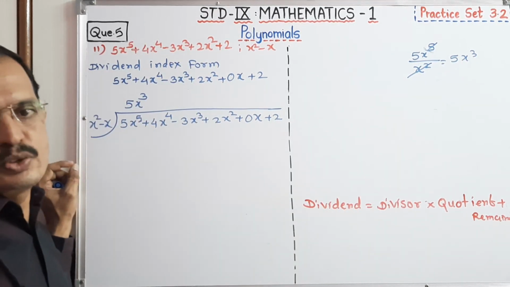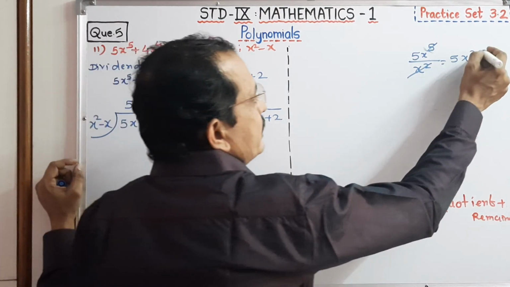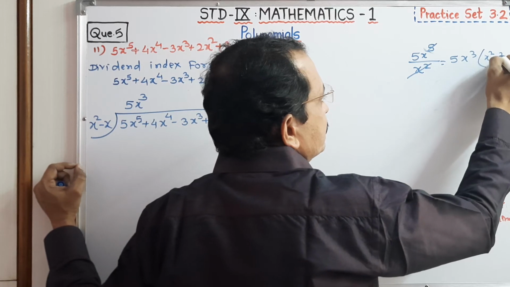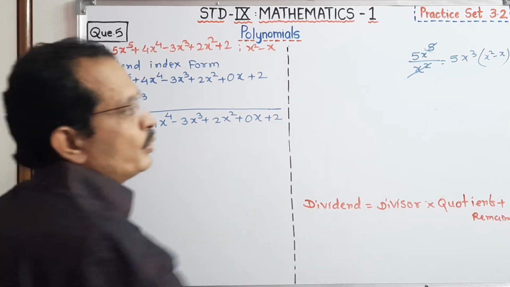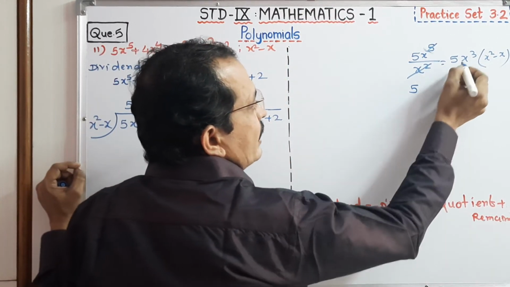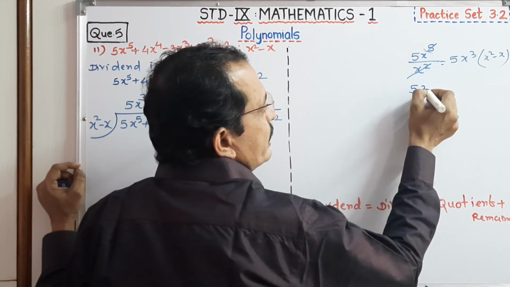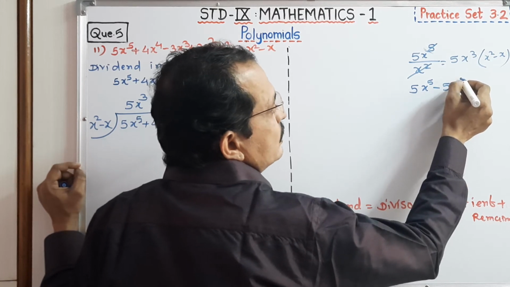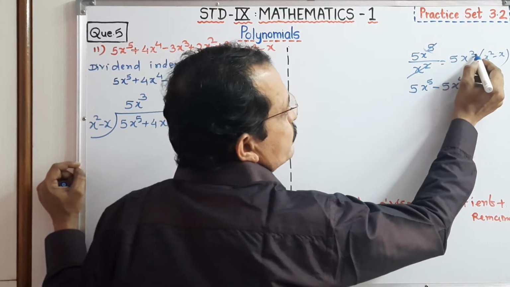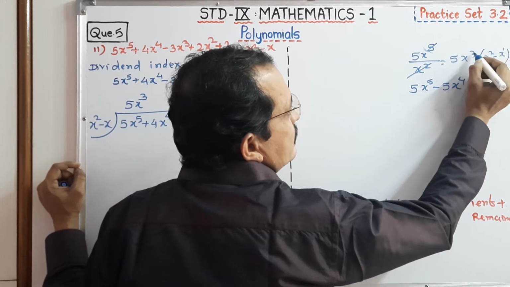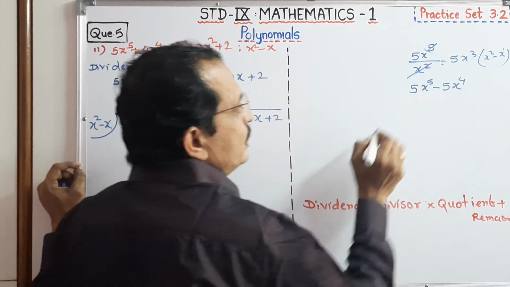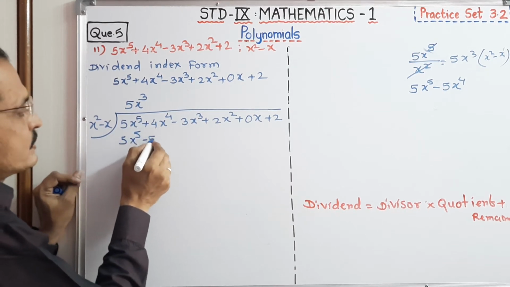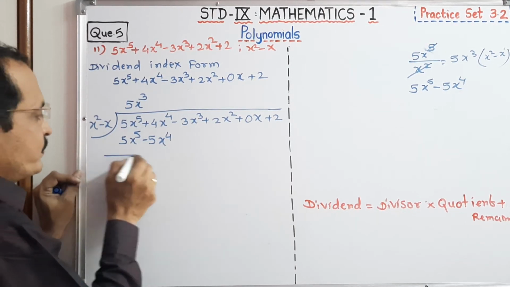Therefore the quotient is 5x cube. Now multiply this 5x cube with x square minus x. 5 ones are 5, x cube into x square is x raised to 5, minus 5x raised to 4, as x cube into x is x raised to 4. Now this 5x raised to 5 minus 5x raised to 4.